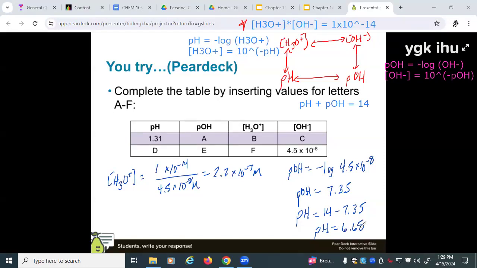So the pH must be 6.65. If I had taken the logarithm of 2.2 times 10 to the negative 7, I would have got there as well. I would have got 6.65 in that calculation as well.